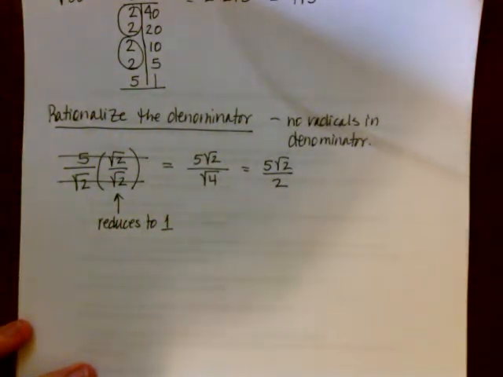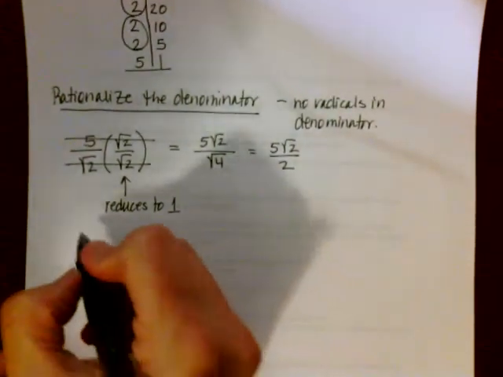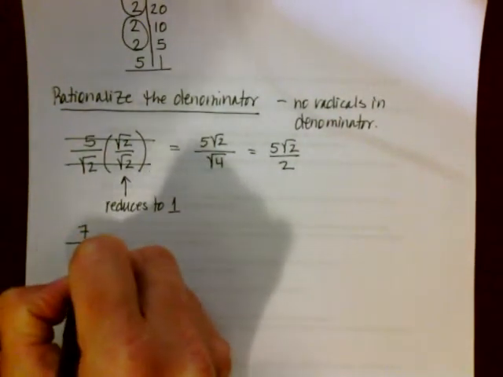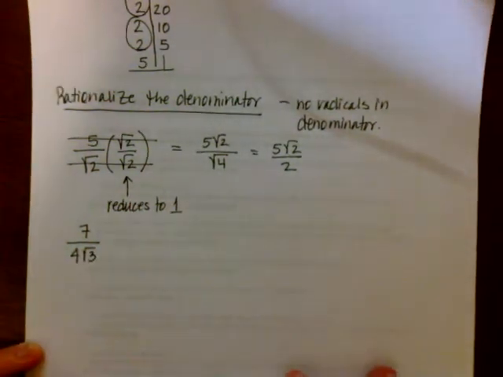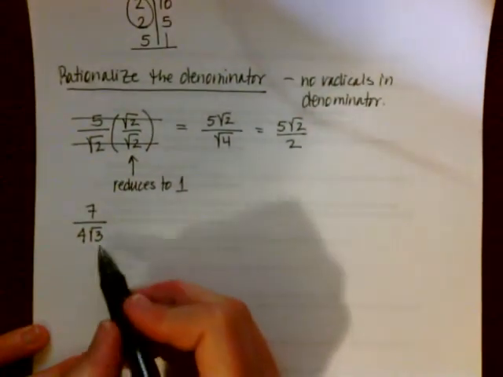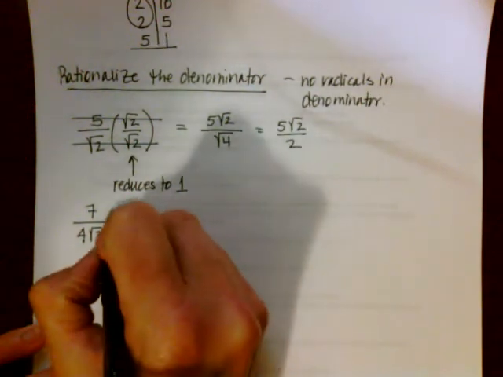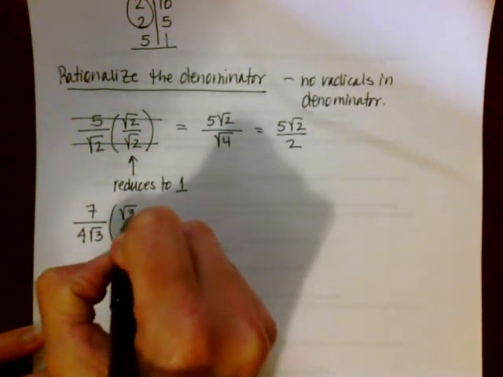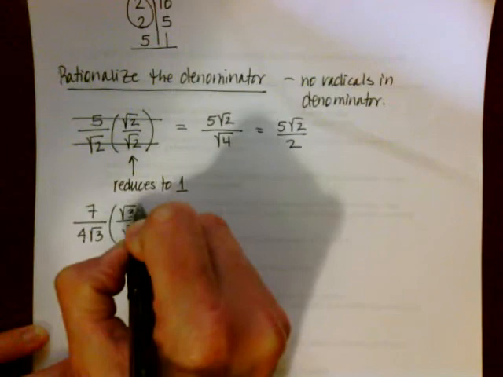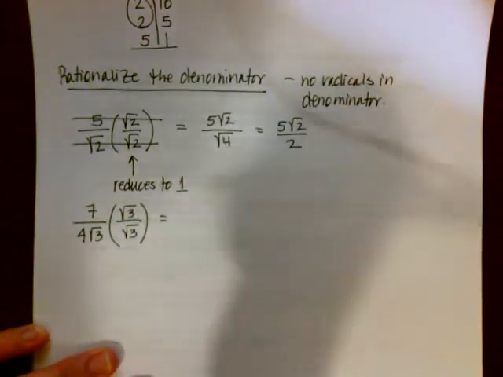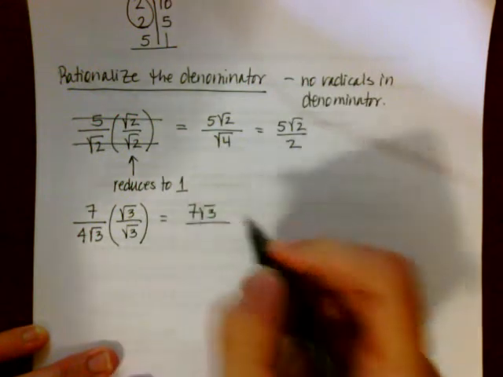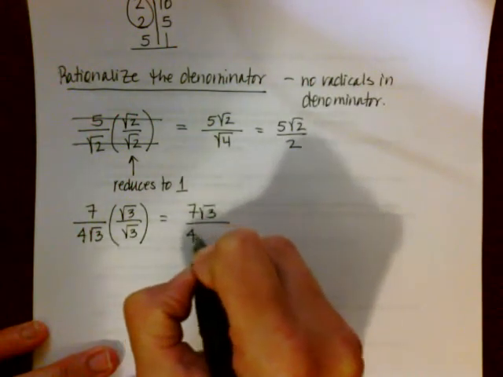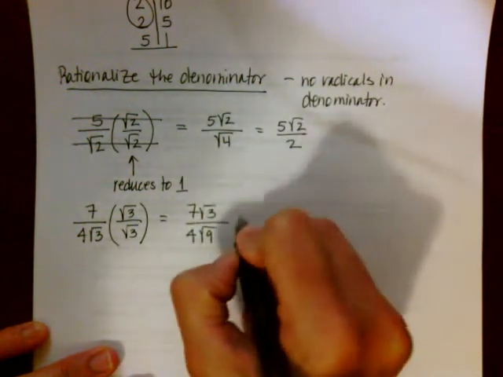All right, so let's do another example of these. I'm going to do 7 divided by 4 radical 3. Now the 4 is fine, but the radical 3 is not. So I'm going to multiply by radical 3 over radical 3. So on the top, I'm going to get 7 radical 3, and in the denominator, I'm going to get 4 radical 9.